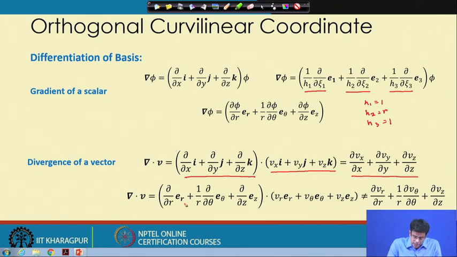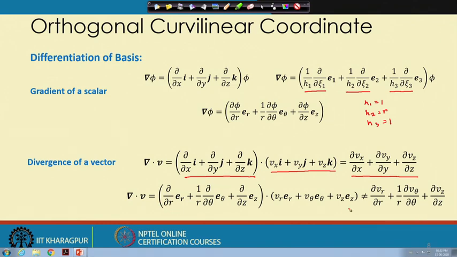Now, in the case of a cylindrical system, if we do the same thing, it turns out to be this, because this is an orthogonal and orthonormal basis, so er dot er and e theta dot e theta will be 1, and if they are not equal, then it will be 0. Most of us make a mistake by doing this, because this is not true actually.